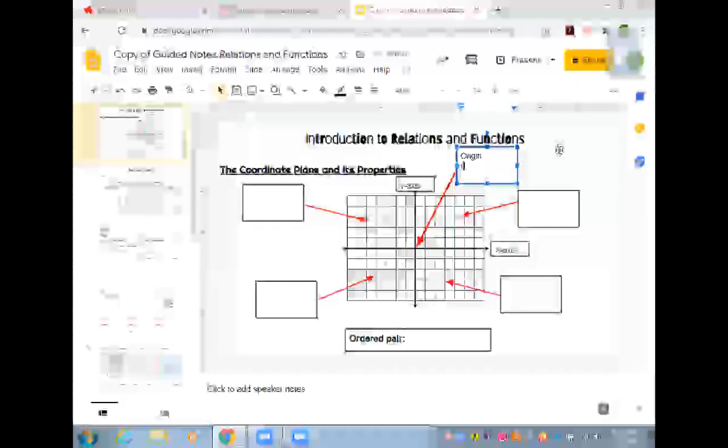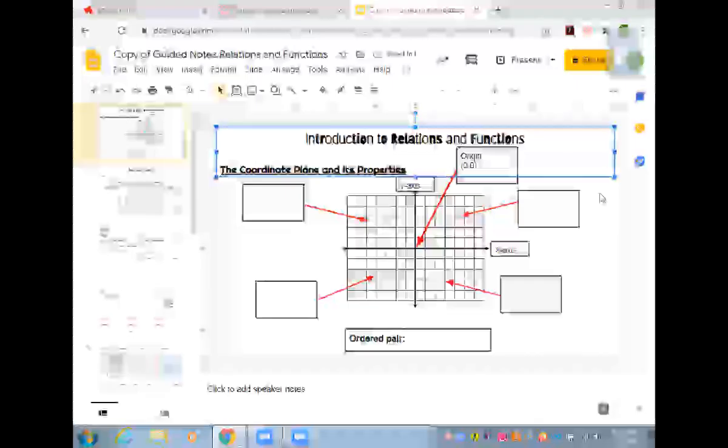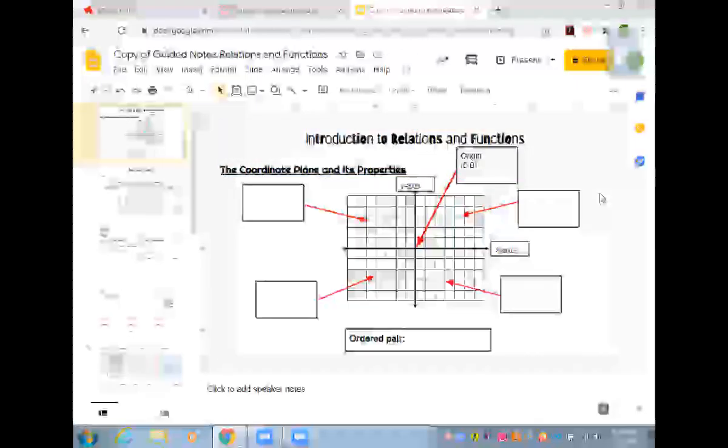What are the coordinates? Do you remember? 0, 0. So that point where my two axes meet is my origin, and that's at the ordered pair, the coordinates 0, 0.